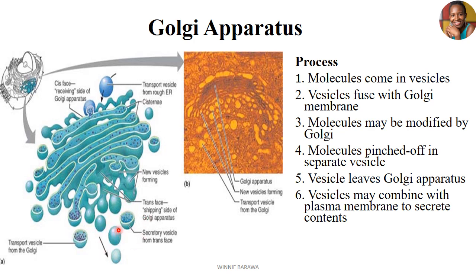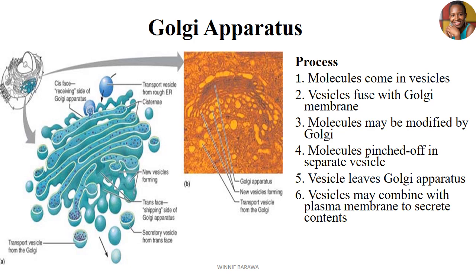They will pinch off, and now they will start the journey of transporting the materials to the needed parts of the cell. Could be towards the cell membrane or the plasma membrane, where they will attach or fuse, and then they will open up and release the materials to the outside of the cell, in a process we call exocytosis.